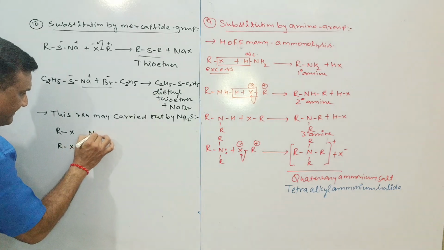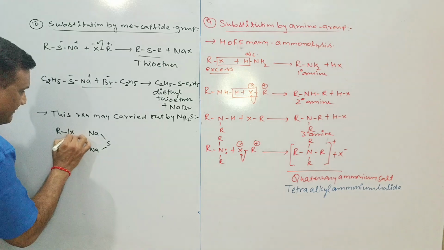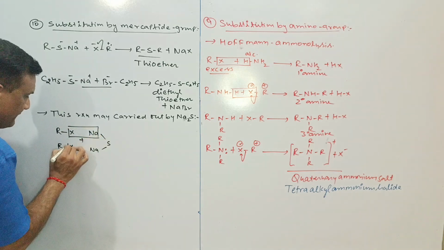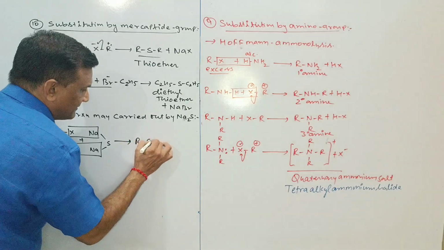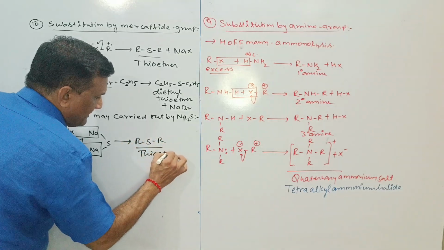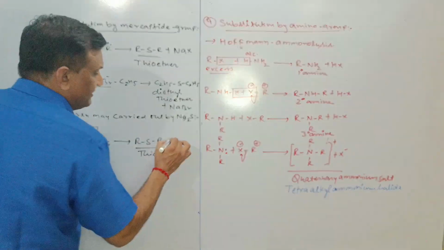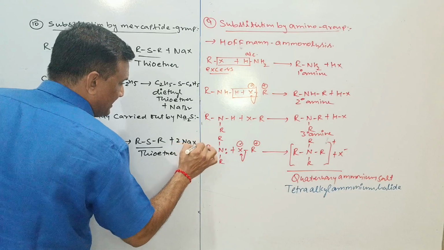This is the NaS and this is the Na. Here will be the removal of 2 NaX and as a result the formation of thioether, a dialkyl thioether, plus 2 NaX.